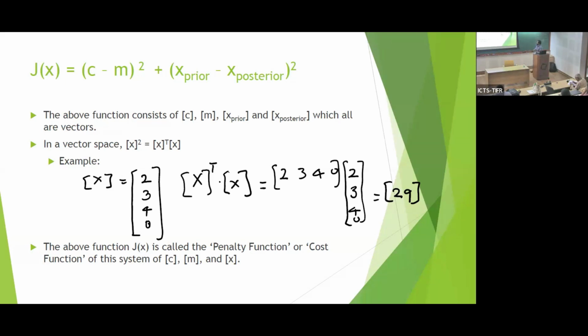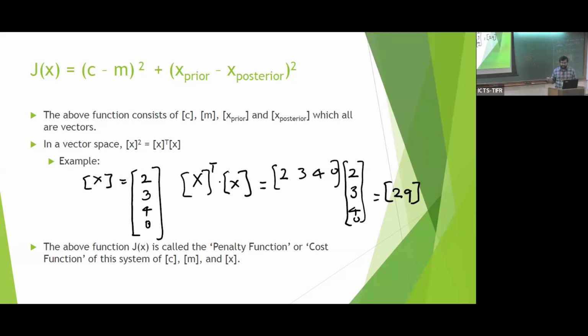Okay, you read it in your mind as C of M. I modeled the C. That's my M. And X prior, what was the X prior? You remember? There was a field like that, which is the flux, the pattern of the flux, grid by grid pattern. That's your X. Okay. So X minus X prior means that was my guess value, and optimal value will be posterior, the square of that.